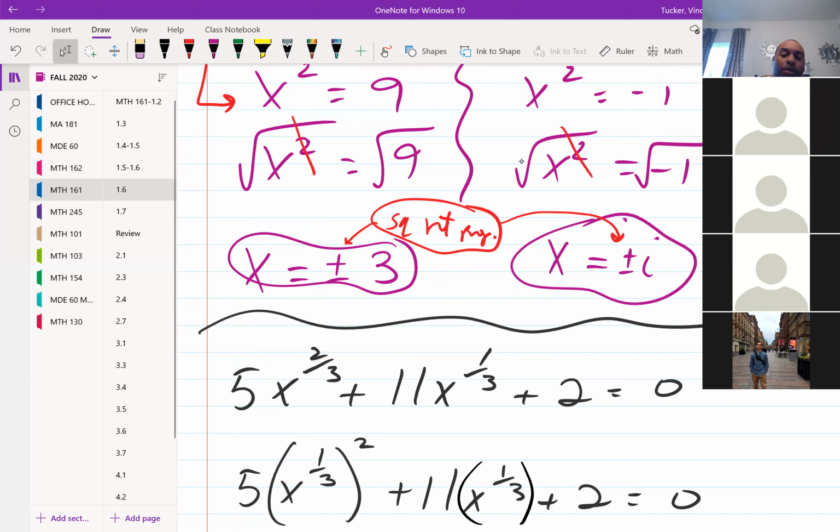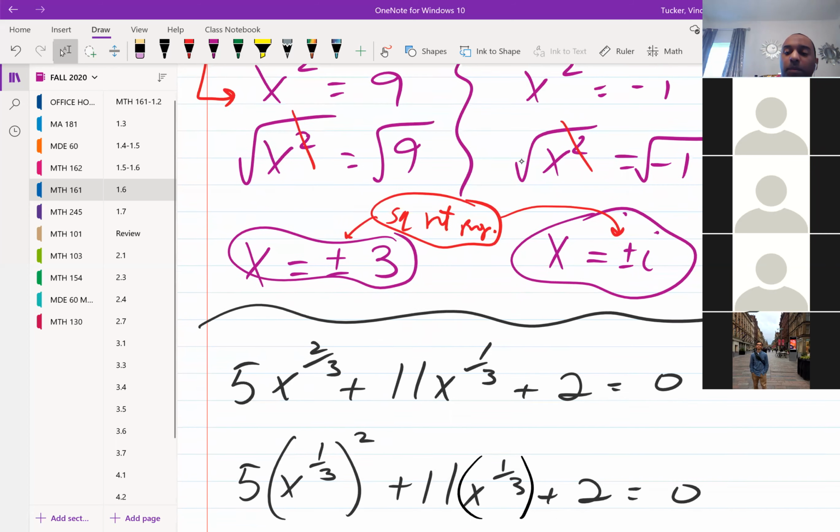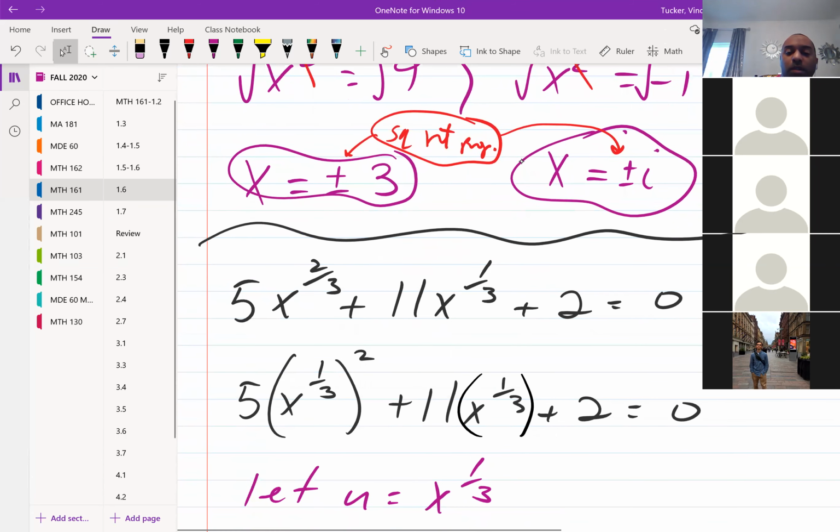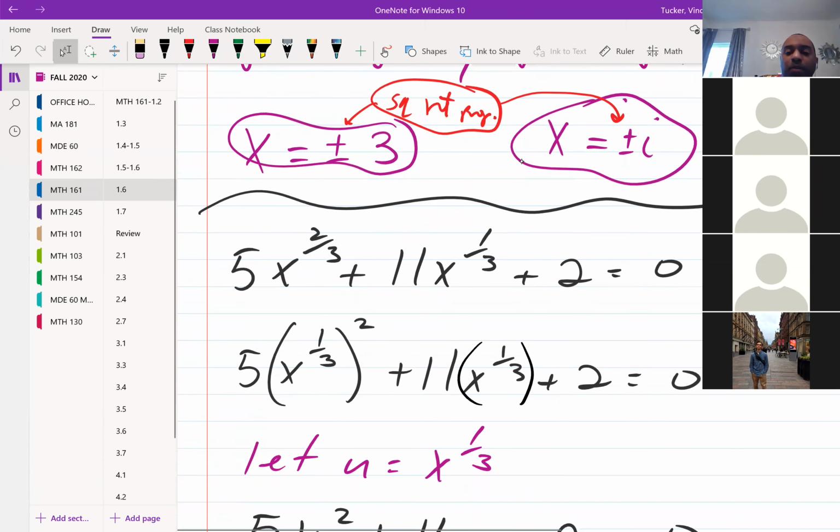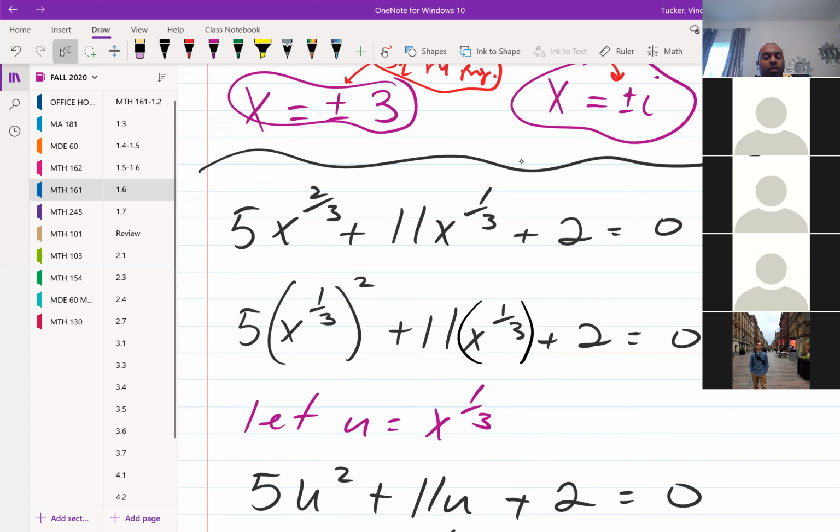So that x to the 1/3 is what's being squared to get x to the 2/3. All right, so let u be equal to x to the 1/3. So that'll be 5u squared plus 11u plus 2 equal to 0.